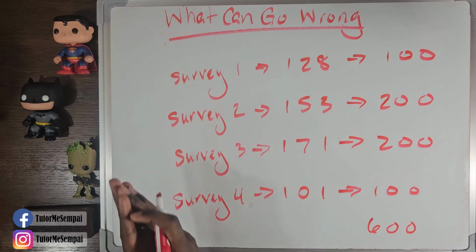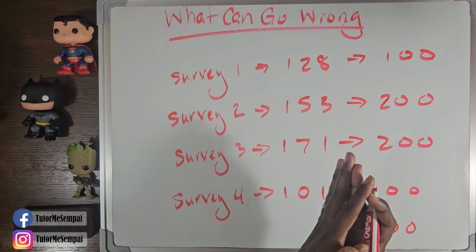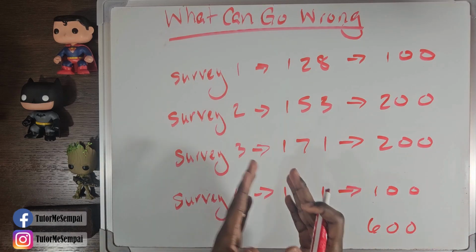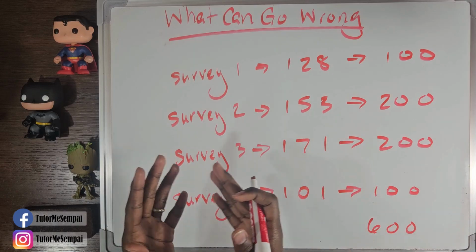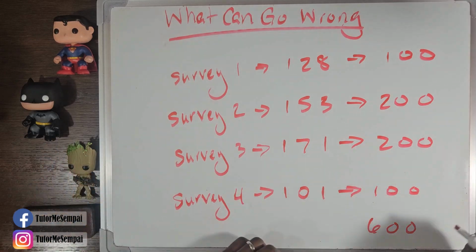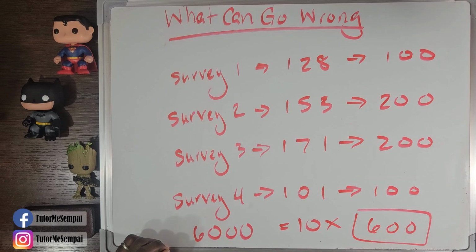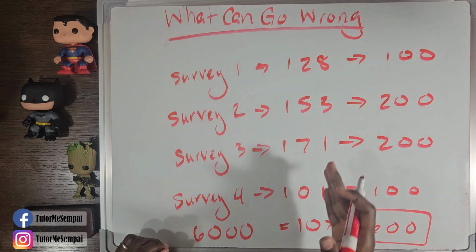But on the same note, rounding can be very hurtful because let's say each and every person who filled out a survey needed to get paid $10. Well, if you're just taking the estimate and saying, roughly 600 people gave us a survey, so I'm going to just multiply that by the $10, and therefore I have $6,000 to give out, you may not necessarily have enough money.